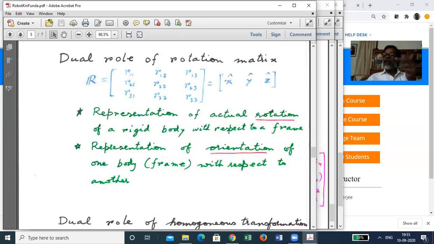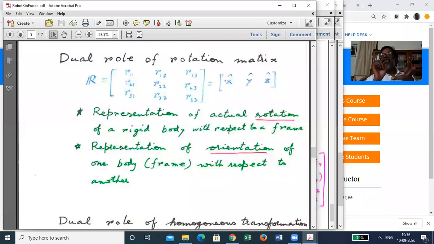If to every body you attach a frame of reference, and the frames of reference of both the bodies were initially coincident, then one of them, the fixed ground frame, remains in its orientation and the other one rotates. Then whatever rotation matrix represents this rotation of this rigid body, the same matrix will now represent the orientation of the rotated body, the orientation of its frame.